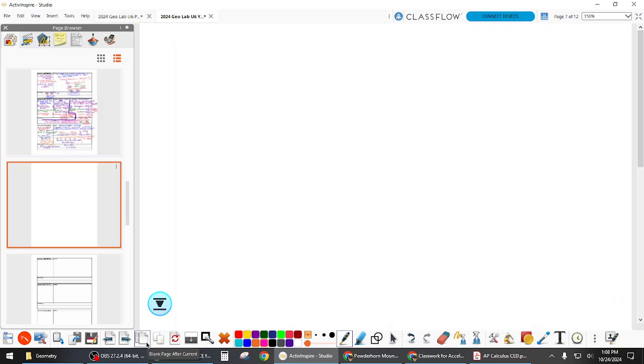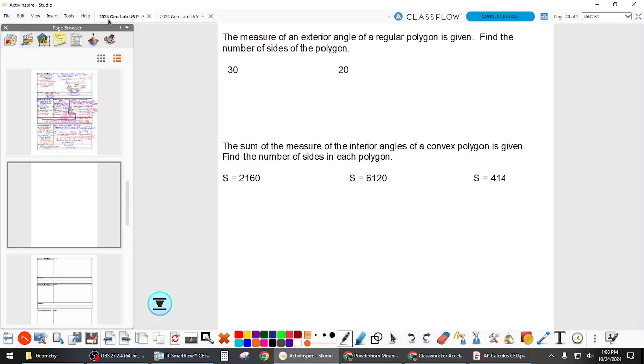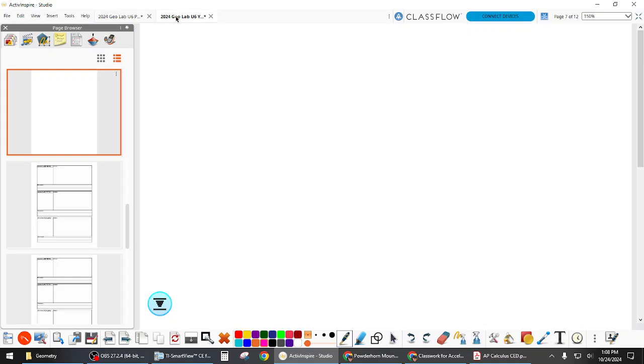Alright, so I need to borrow the number, so let's say 30. So start writing this, the measure, and actually before you do, let's just title this exterior angle solving, another one.